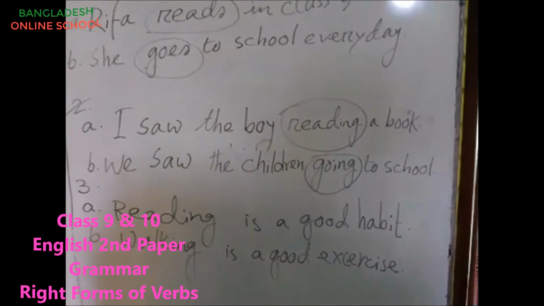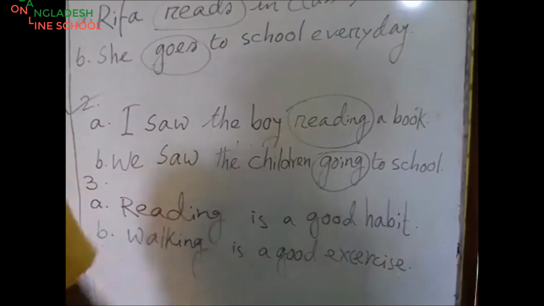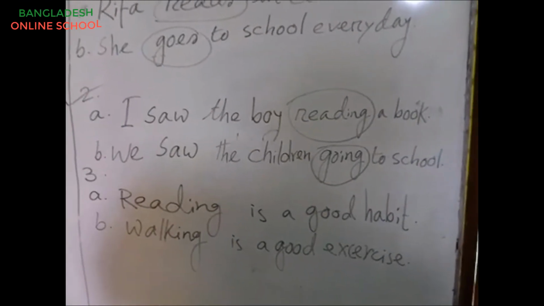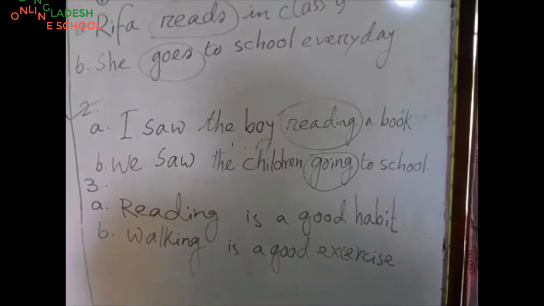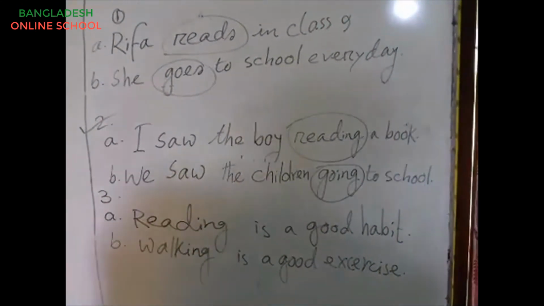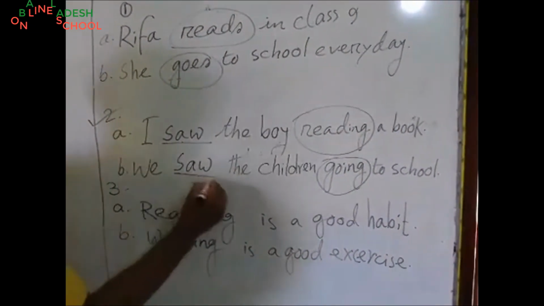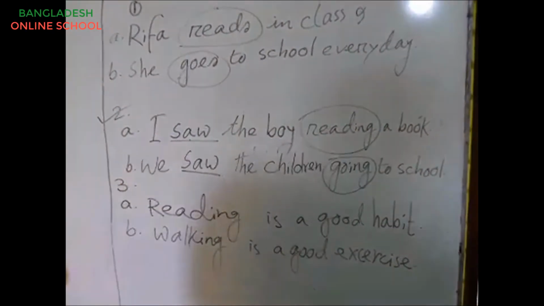In these sentences, reading and going are the two verbs. These two verbs do not have any subject and they cannot express their idea clearly without the help of finite verb saw. That is why these two verbs are called non-finite verbs.